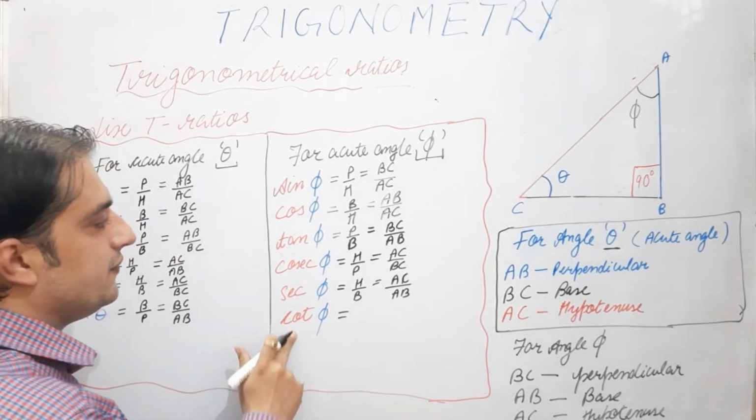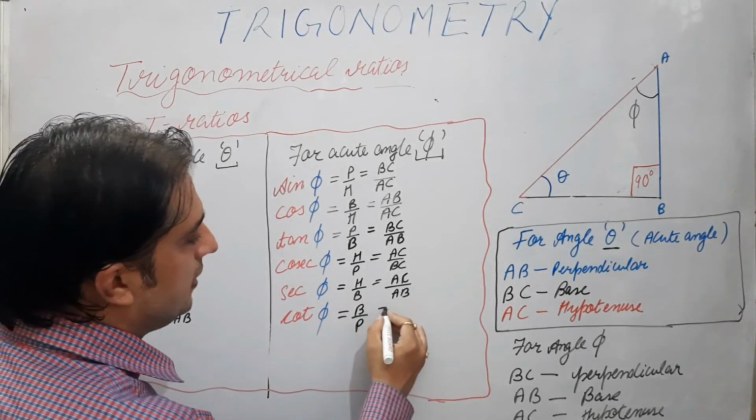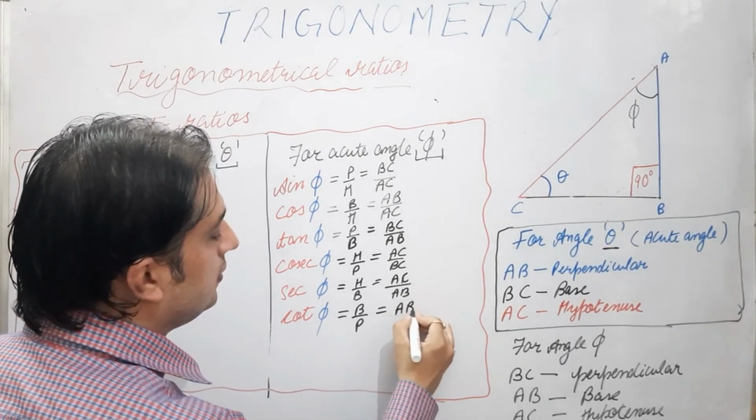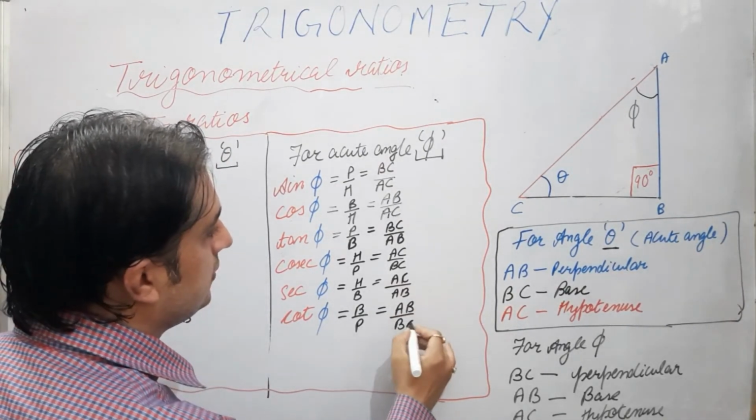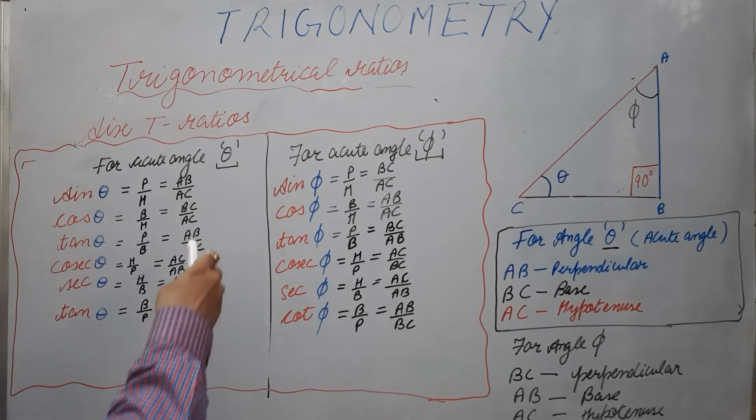Cotangent is the reciprocal of tangent, that is base upon perpendicular, so it will become AB upon BC. So these are the six ratios for angle theta and angle phi.